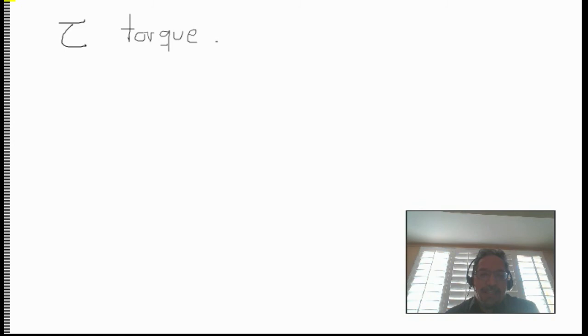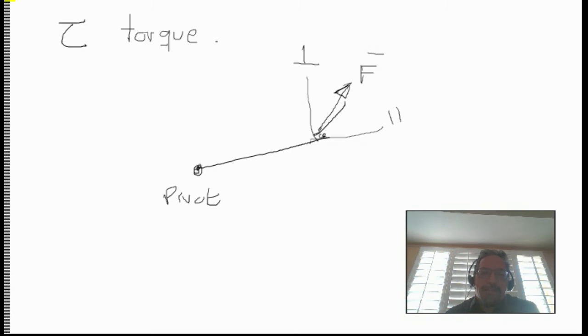So the general setting is that we have the axis of rotation, also known as the pivot point, and then we apply a force, and this projects in a direction that is parallel and perpendicular. So the torque is going to be defined as r F perpendicular.